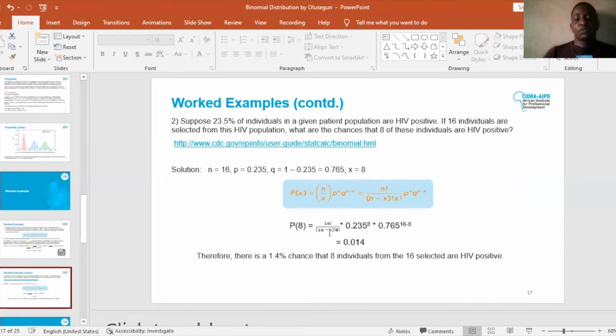Here is a very straightforward solution, because we're not finding the probability of less than 8 or 8 or greater, you just find the value of P when x equals 8.